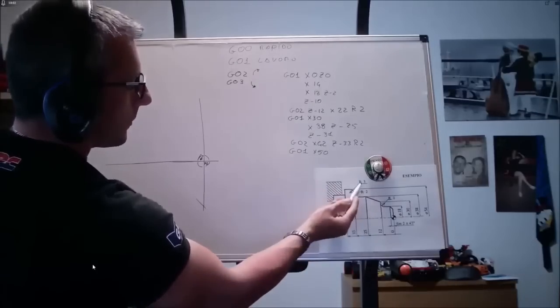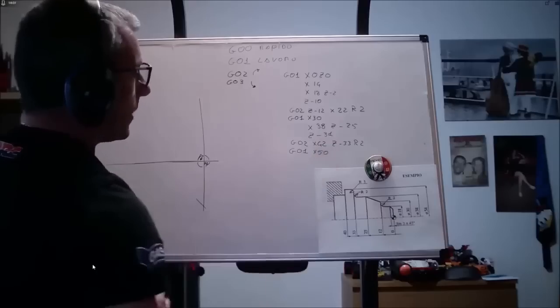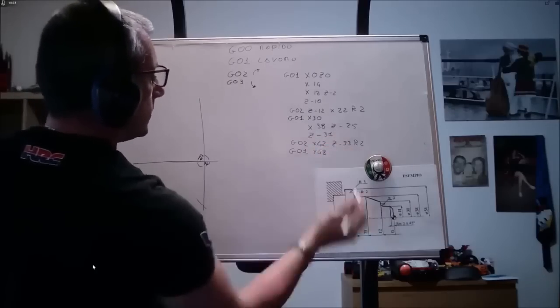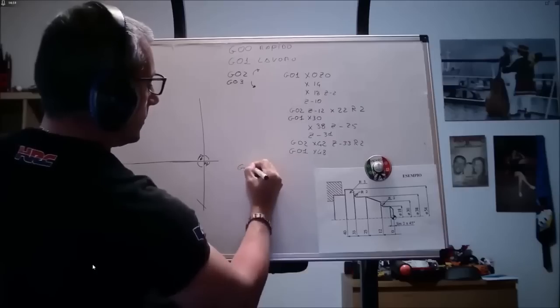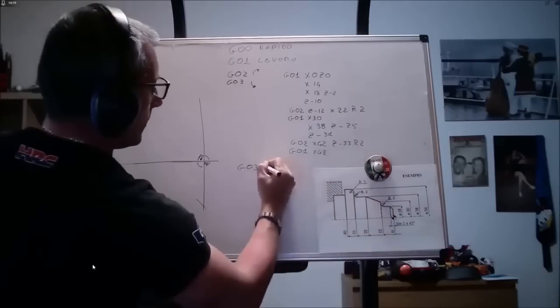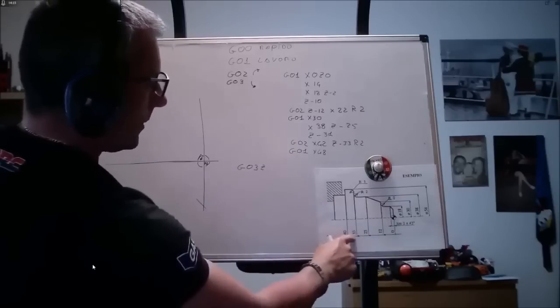Sorry, you see that I made a small mistake. I didn't notice that the radius here was 3, so 54 does not become 50, but 48. Then we have our G03, traversing the radius counterclockwise. So 2 small errors, also at 33.